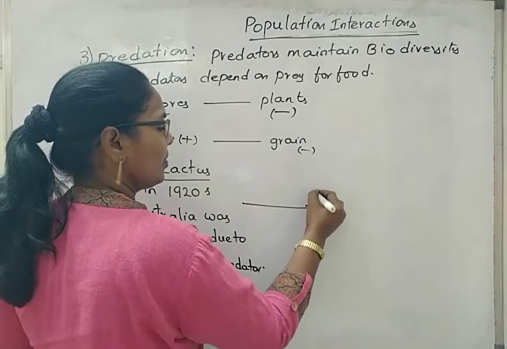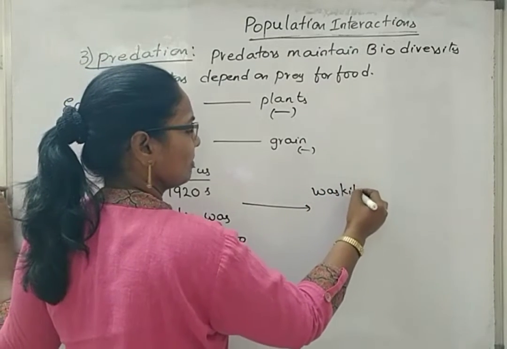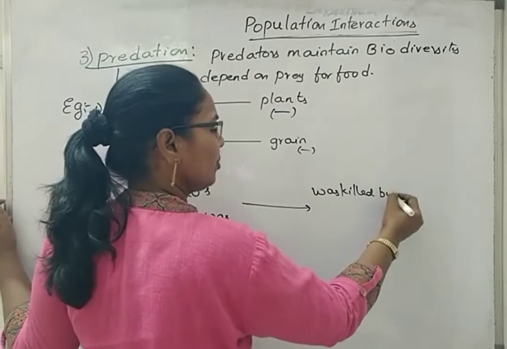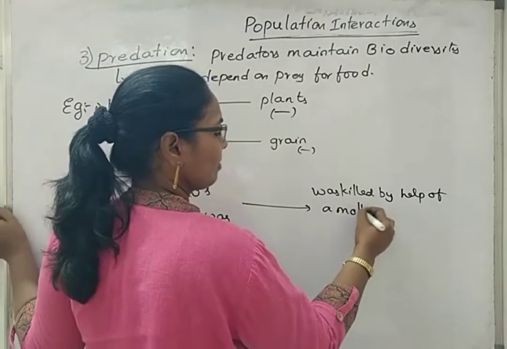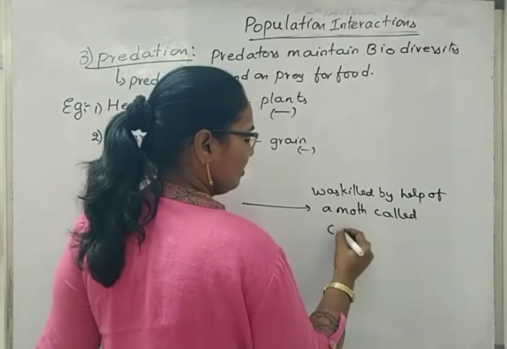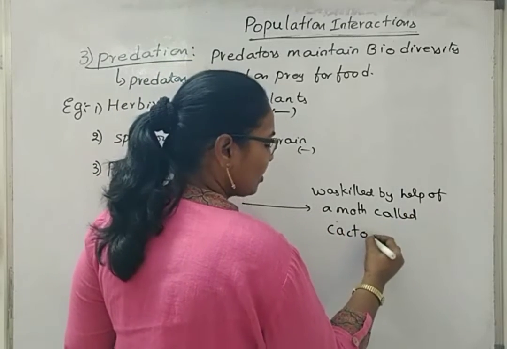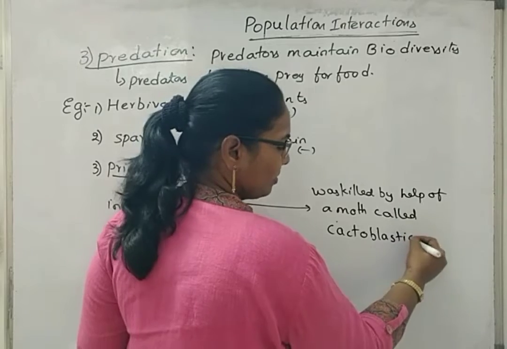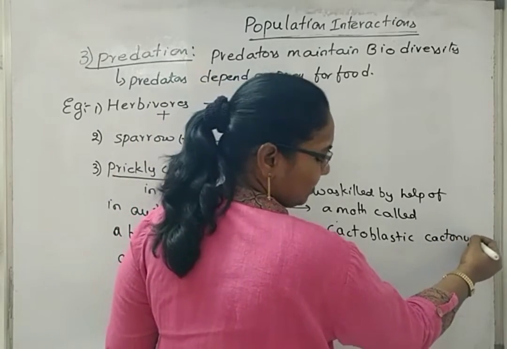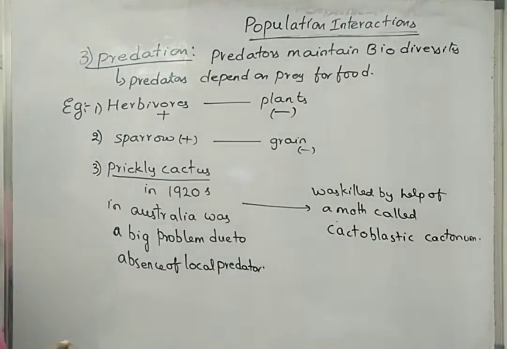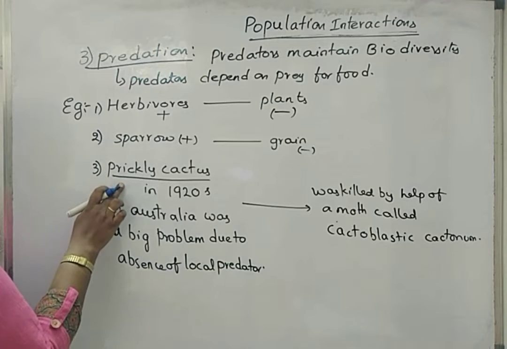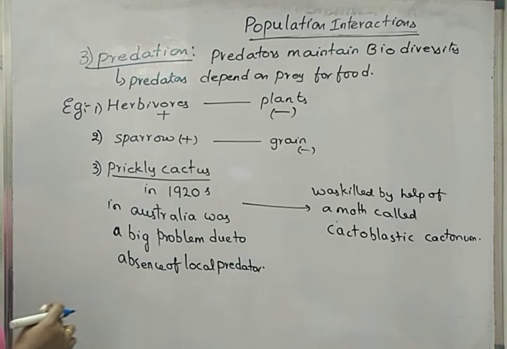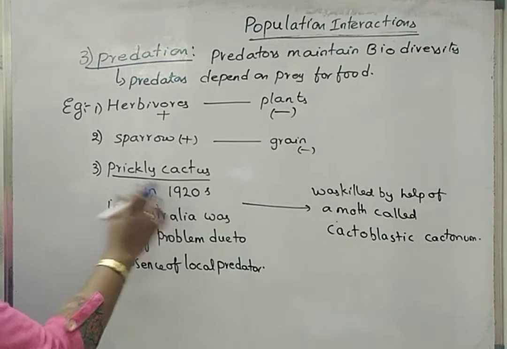So this was removed with the help of a moth called Cactoblastis cactorum. So this is one type of competition between the prickly cactus and the local species that existed in Australia during the time period of the 1920s.